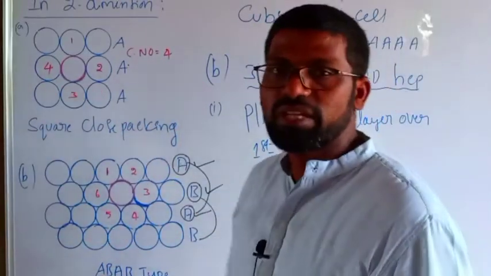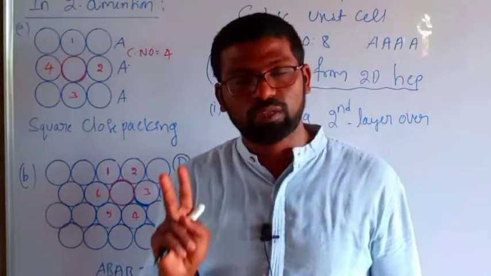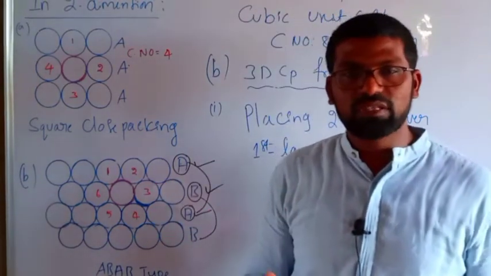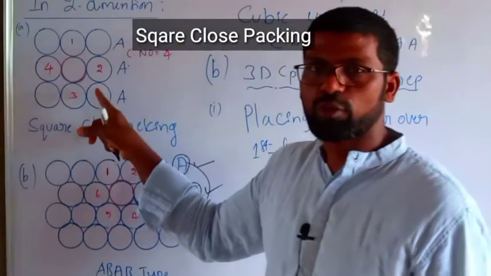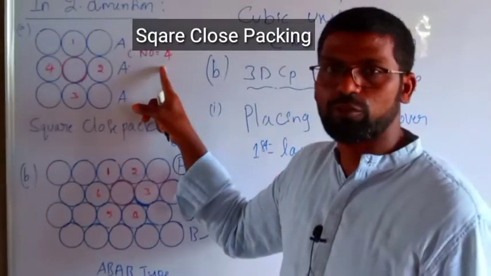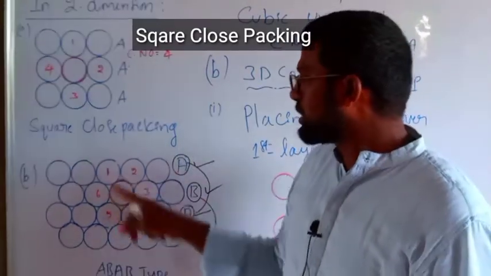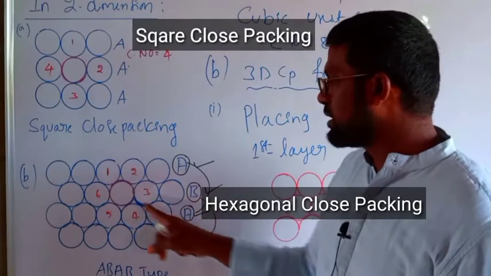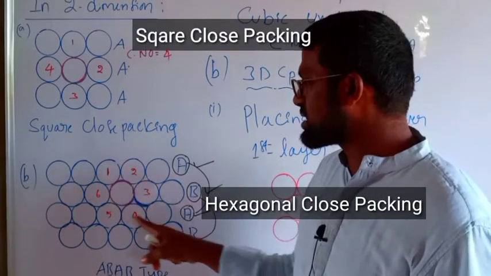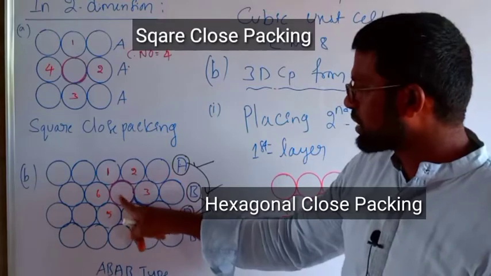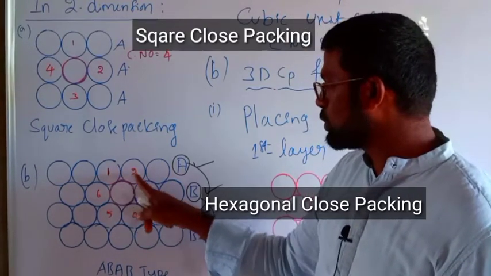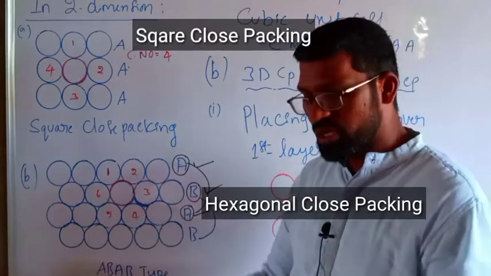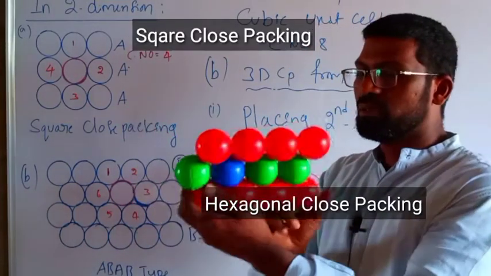That means in two-dimensional close packing, there are two possible arrangements. One is square close packing, in which each particle is in contact with 4 other particles, so the coordination number is 4. Whereas in hexagonal close packing, each particle is in contact with 6 other particles. See this, if you consider this particle, it is in contact with 1, 2, 3, 4, 5, 6. You can observe in this model also.